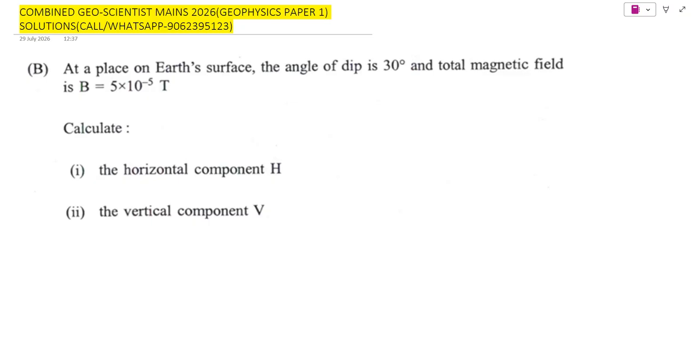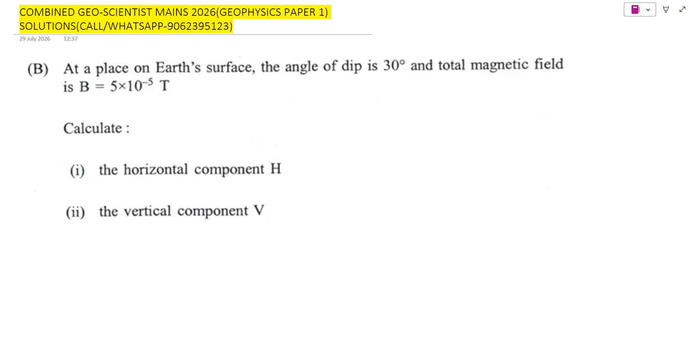Before writing any formula, let us first understand what the angle of dip actually means. Imagine the Earth's magnetic field as an arrow entering the Earth. At the magnetic equator, the arrow is almost horizontal, and at the magnetic poles, it becomes almost vertical.